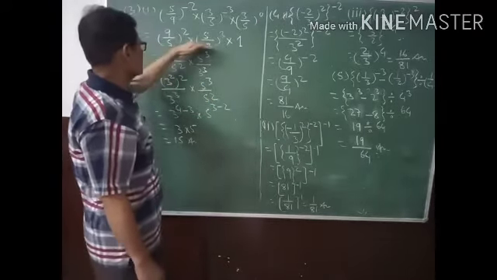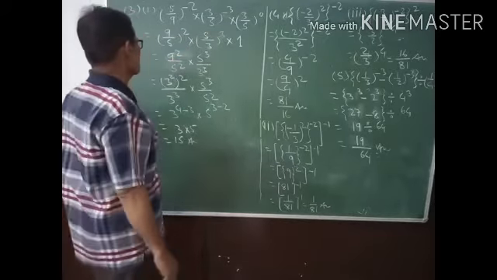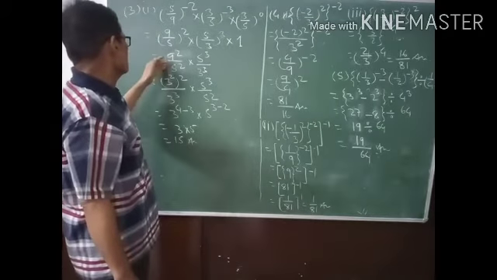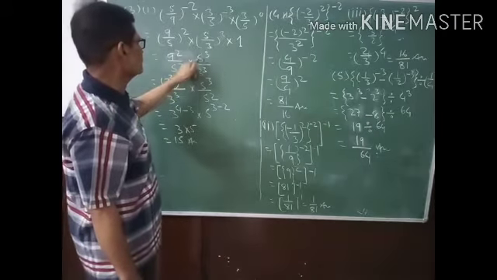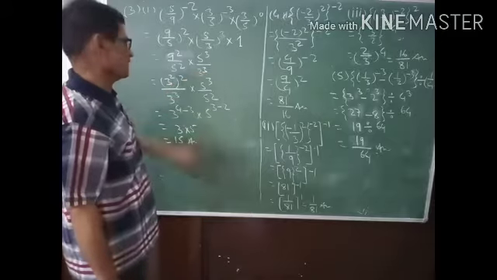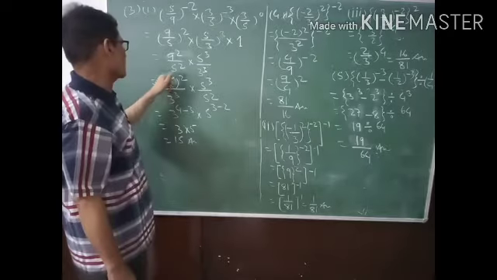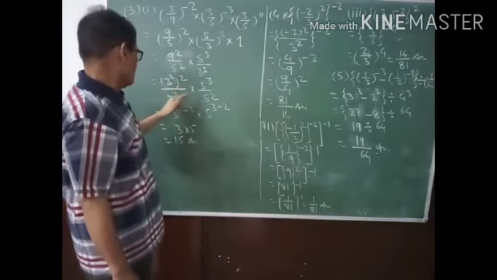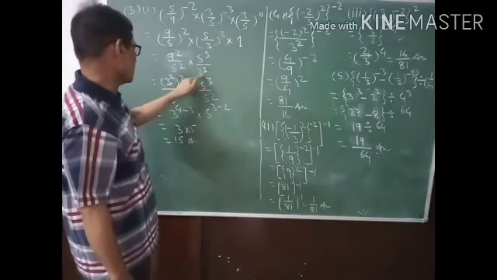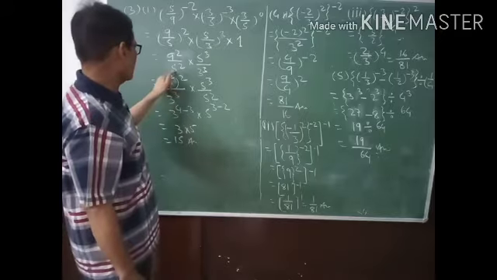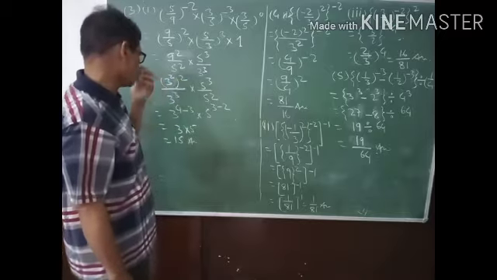Now all these are with positive exponents, so you can write here 9 to the power square, 5 to the power square into 5 to the power 3, 3 to the power 3. You can write 9 as 3 square, and this is this square. Bring this 3 here, and this 5 and this 5 together: 5 to the power cube, 5 to the power square.